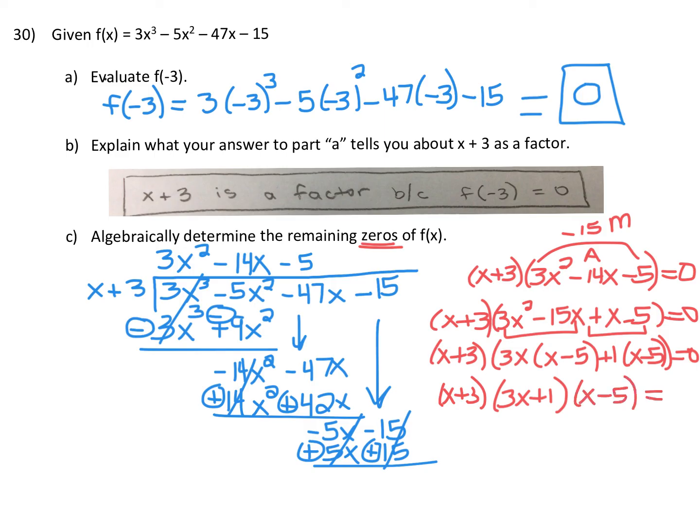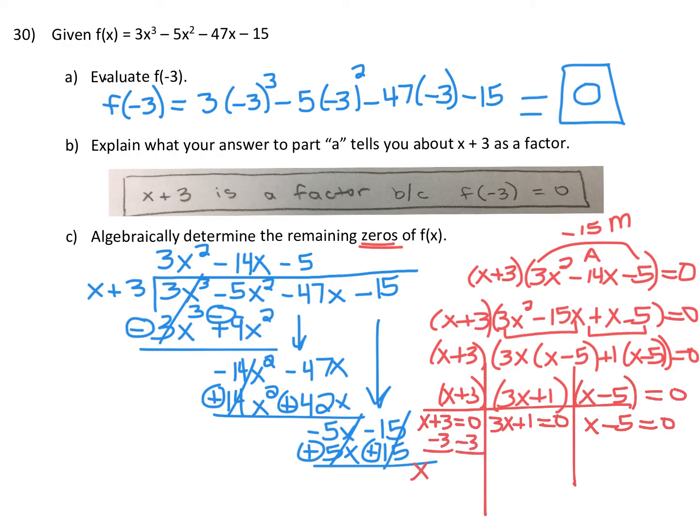Okay, and because it says equals 0, we need to make a t-chart and solve. If you do take each of these factors, I'm going to do it the long way, and set them equal to 0, all we have to do is solve these three equations. Okay, so the first equation, we would subtract 3 from both sides, leaving us with x equals -3.